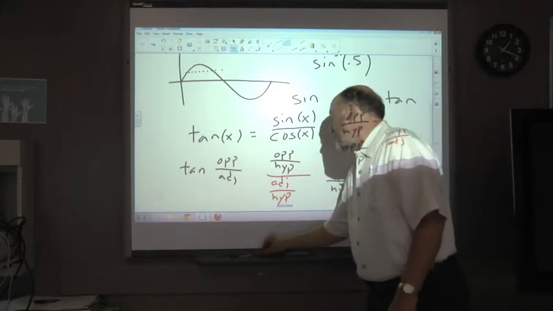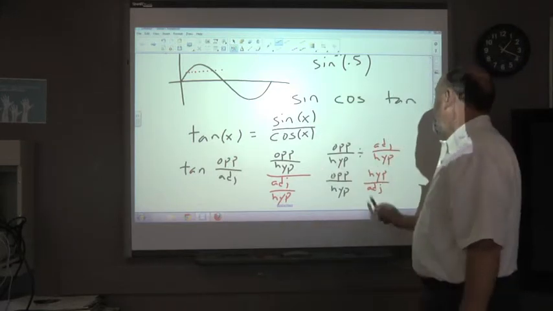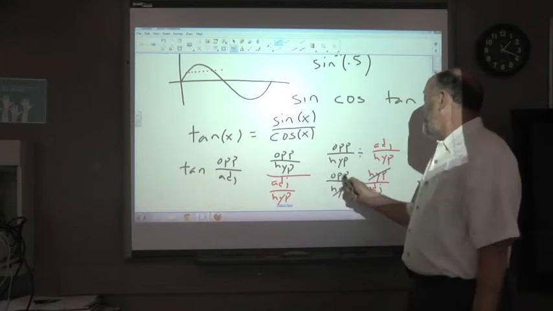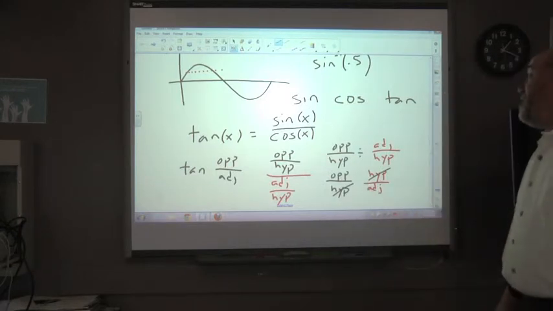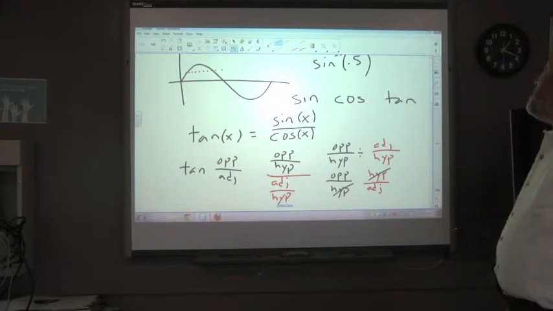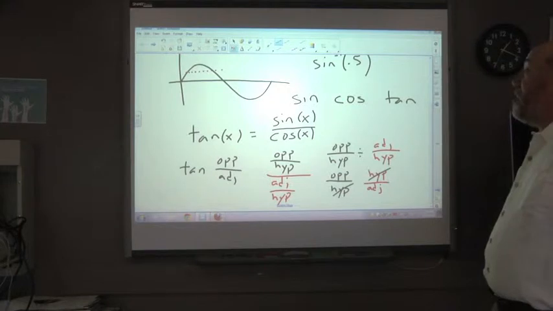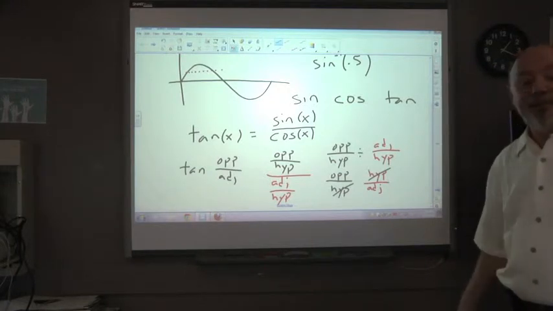And so we got that this would go away, and we're left with tangent being opposite over adjacent. And so given that everything can be rewritten in terms of sine and cosine, that'll come in handy when we talk about the derivatives of these various trig functions.